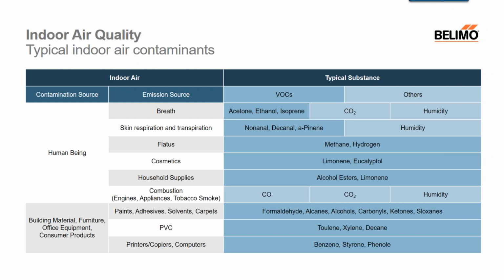Building material, furniture, office equipment also play significant roles in producing indoor air contaminants such as paints, solvents, PVC, and through printers and copiers. Typical substances generated from both those emission sources include a mix of VOCs, CO2, humidity, methane, formaldehyde, benzene, and so on.